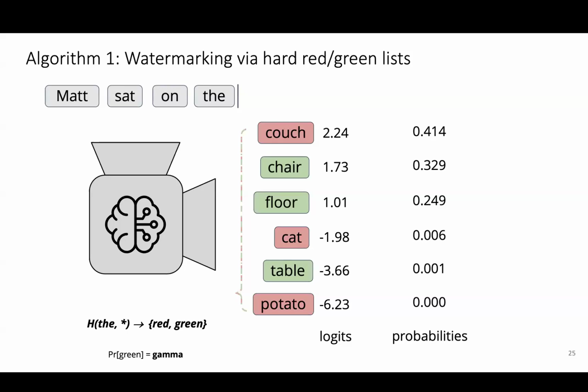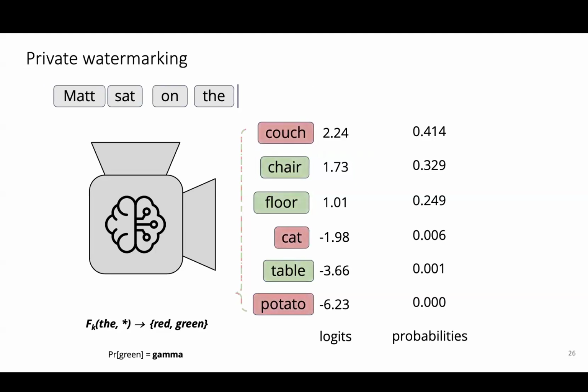In this way, you can partition the words couch, chair, floor, cat, table, and so on into one of the two categories. And their idea is that we're going to require that the completions are done using the green words rather than the red ones.